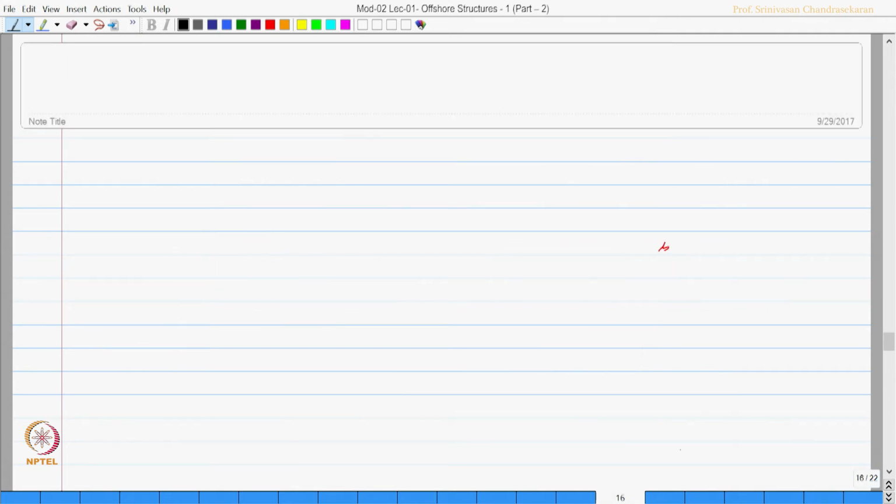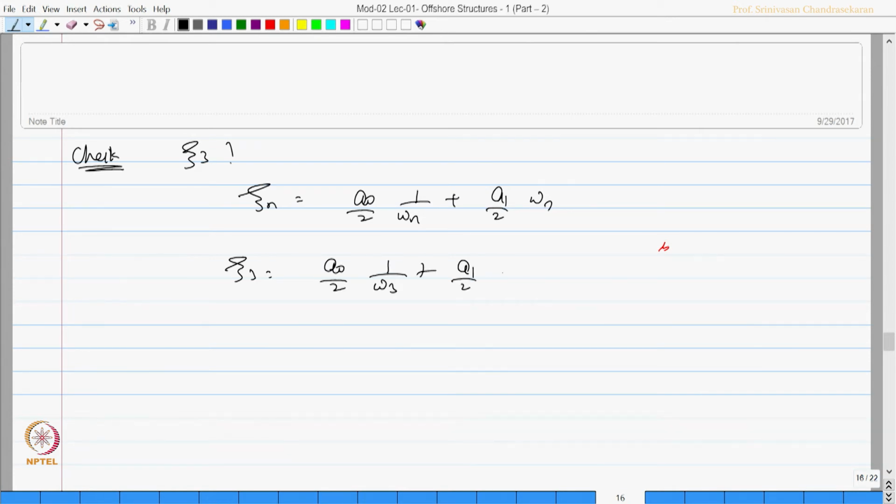Now, I want to check what is my zeta 3, that is checking for the third mode. We know zeta n is A 0 by 2 omega n plus A 1 omega n by 2. So, zeta 3 is A 0 by 2 omega 3 plus A 1 omega 3 by 2.